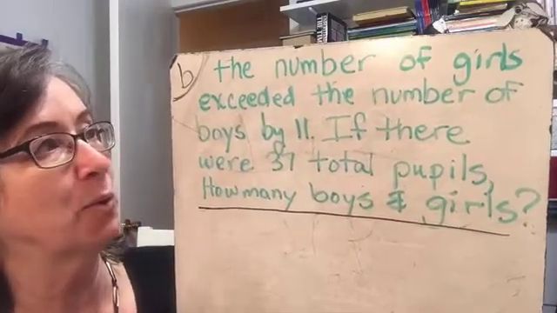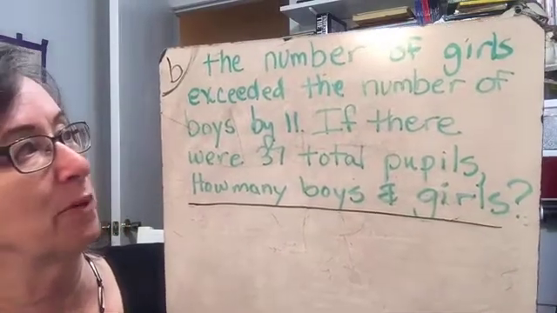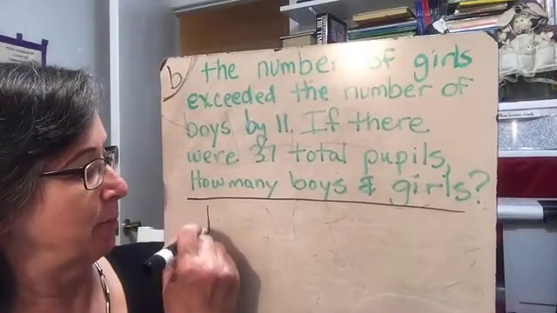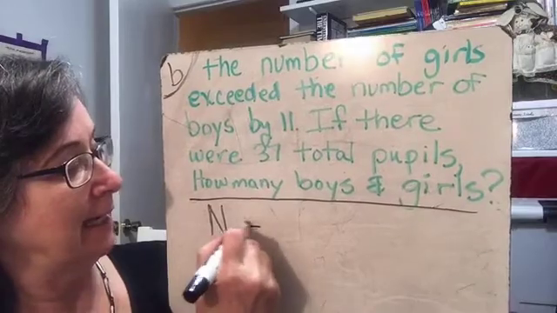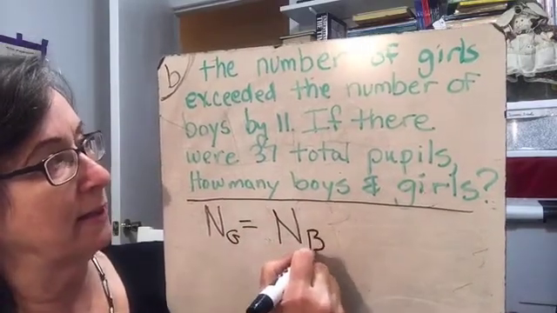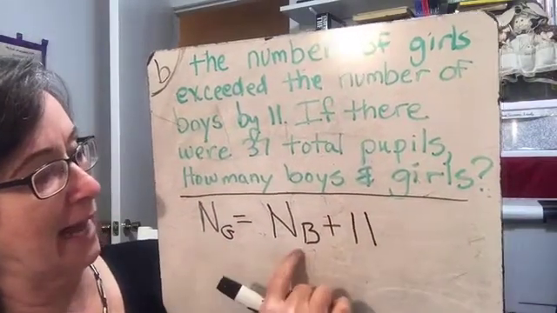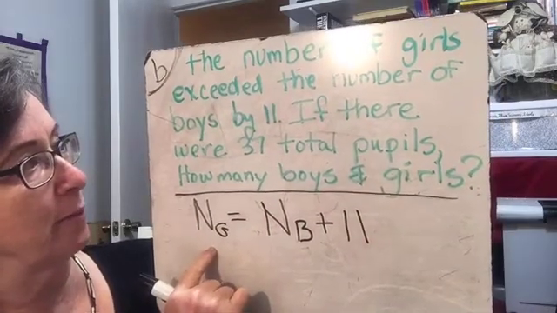The number of girls exceeded the number of boys by 11. So if I add the number of boys plus 11, I will get the number of girls because the number of girls is greater.